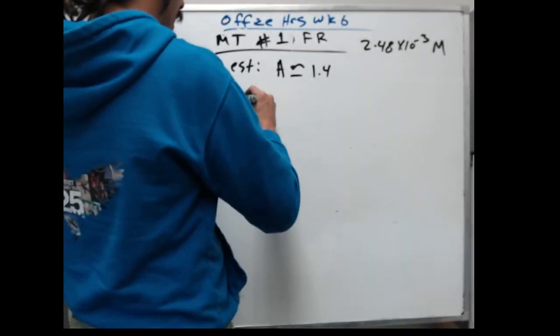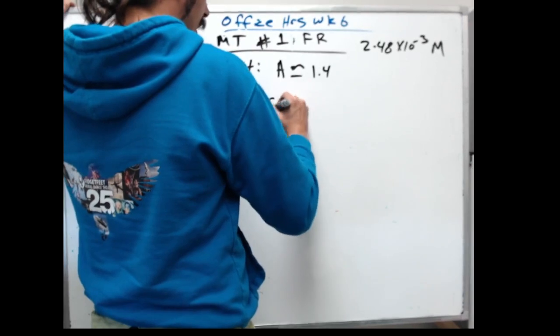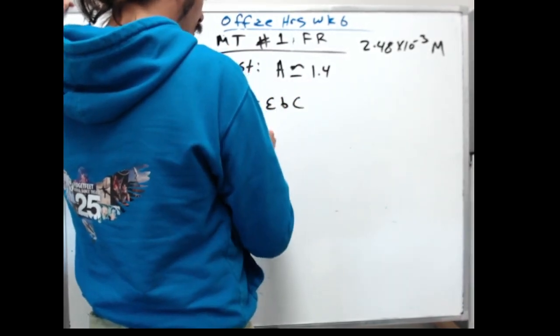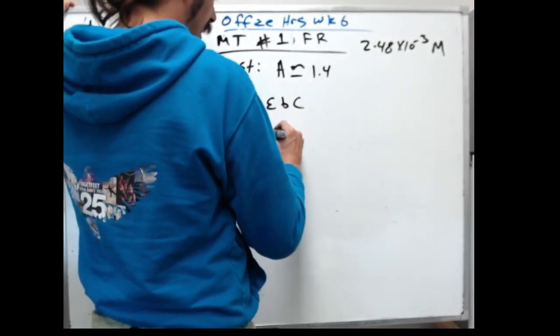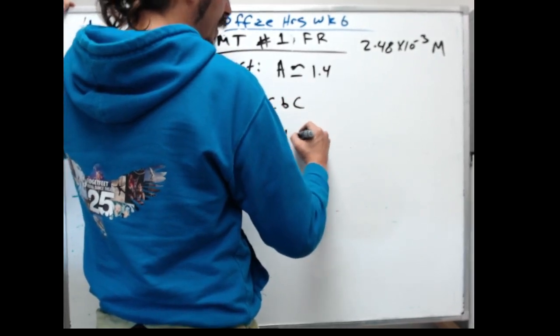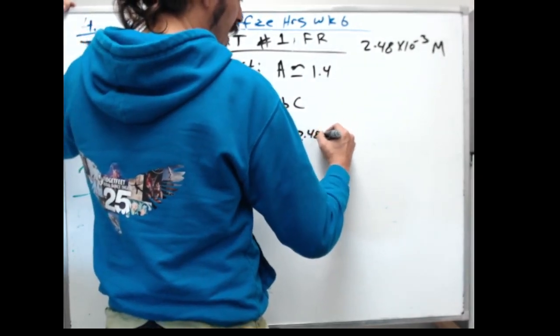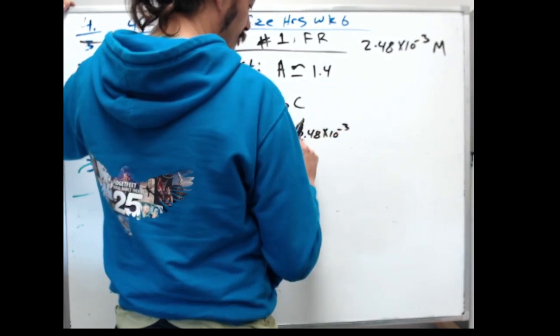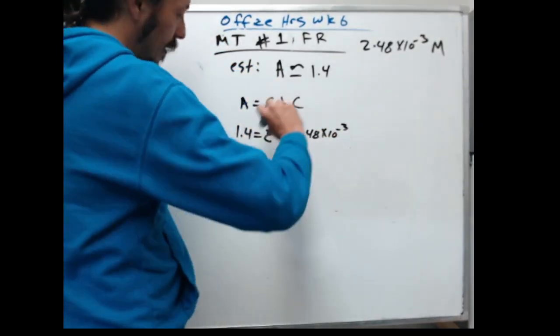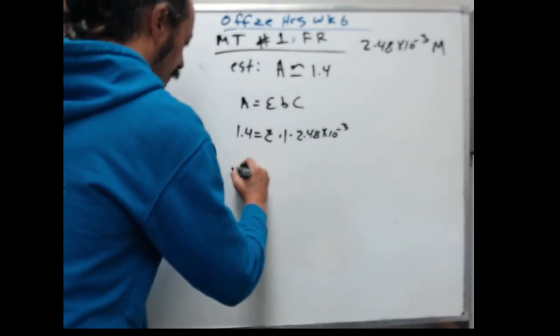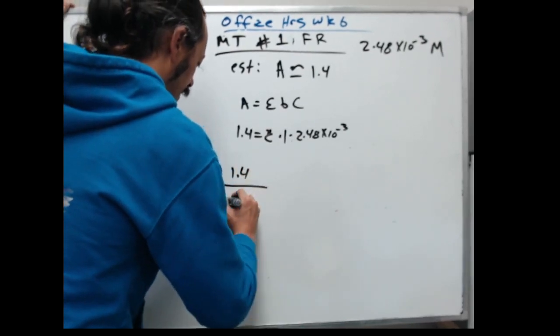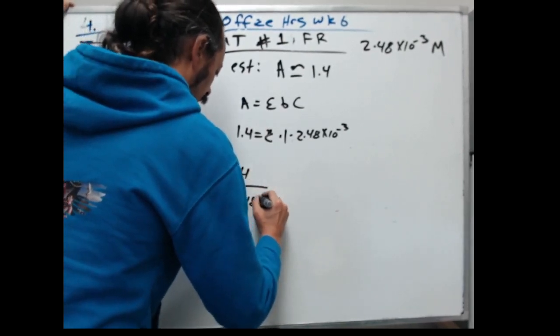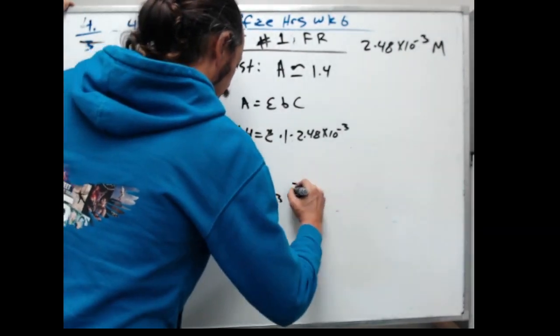Beer's law. Absorbance equals epsilon b c. 1.4 is equal to epsilon times 1 times 2.48 times 10 to the minus 3. Now we just divide over: 1.4 divided by 1 times 2.48 times 10 to the minus 3.